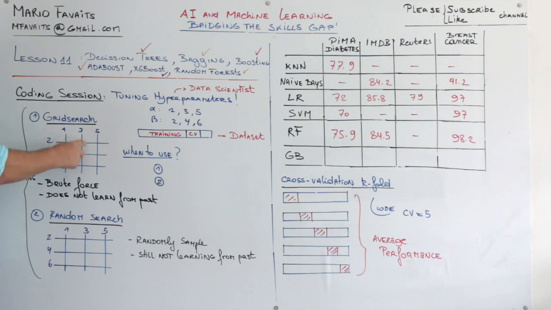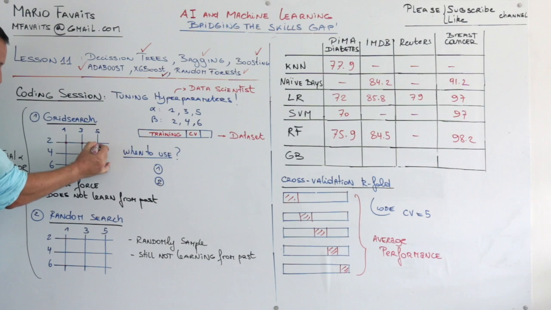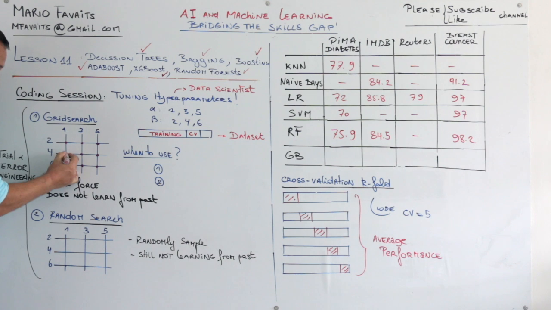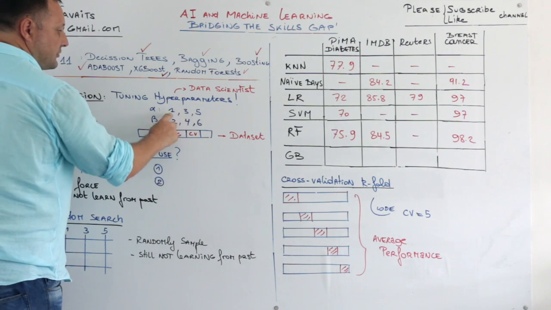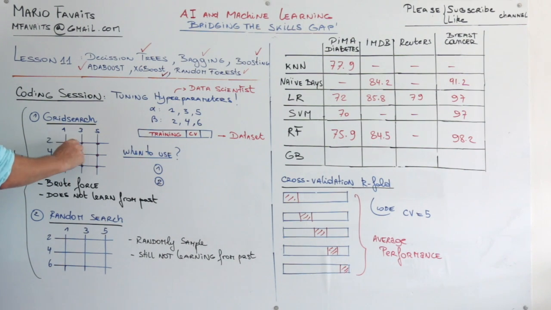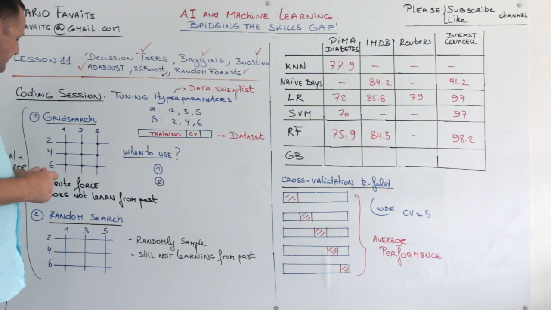I've shown a grid here, and we will actually try all of them. You see I have 2 times 3 parameters, so 6 values, but 9 combinations are possible? Each junction here is a combination.